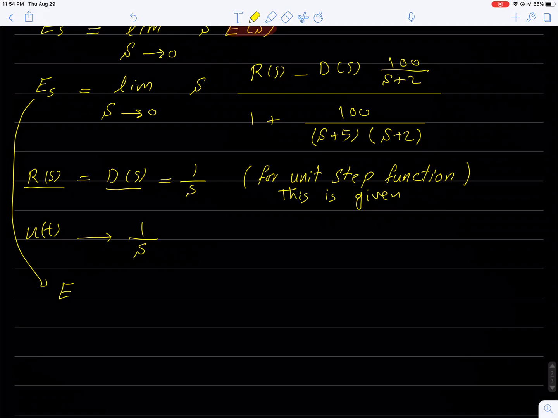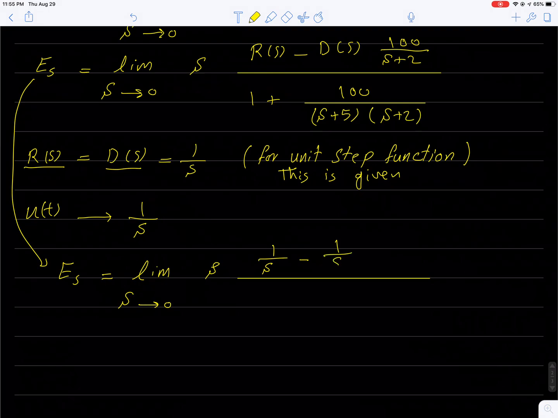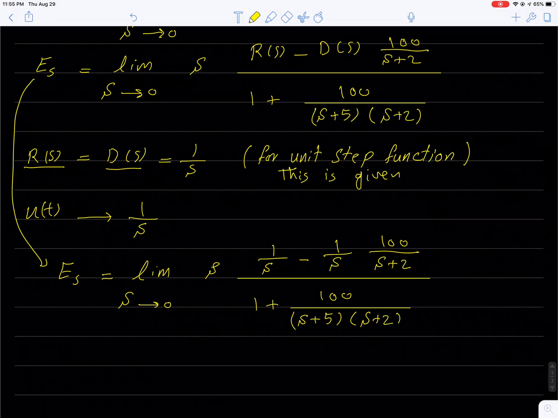We're just gonna replace D of S and R of S by 1 over S. Steady state error equals limit as S approaches 0, S times 1 over S minus 1 over S times 100 over S plus 2, over 1 plus 100 over S plus 5 and S plus 2.